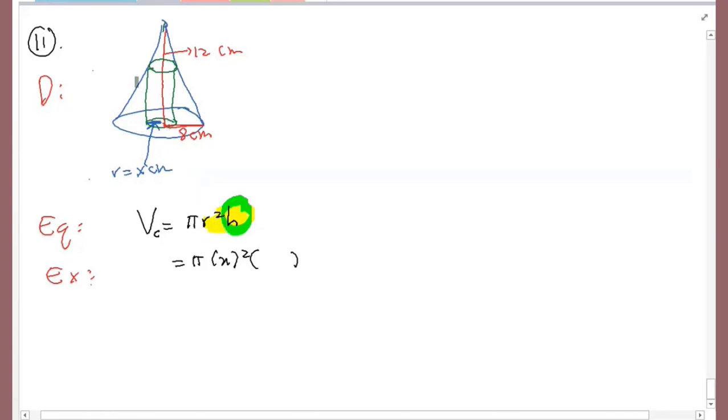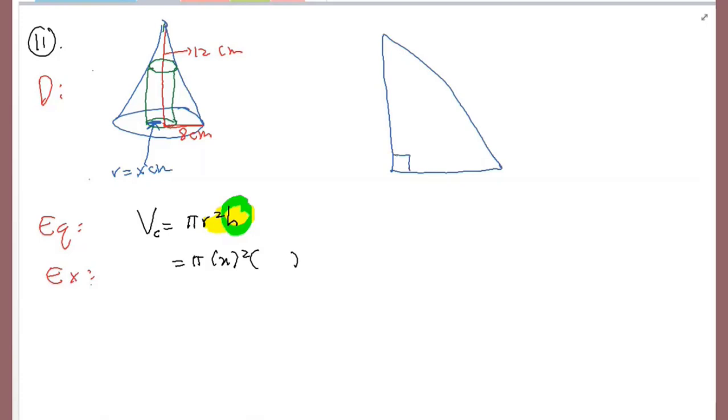Let's check this. We detail this one. We cut that one, like this. Let's say we cut it in half and take this one.